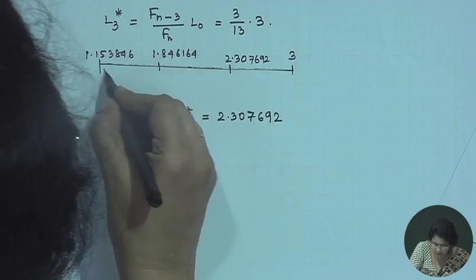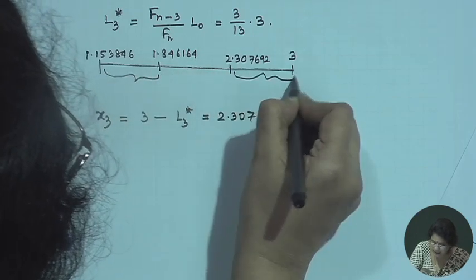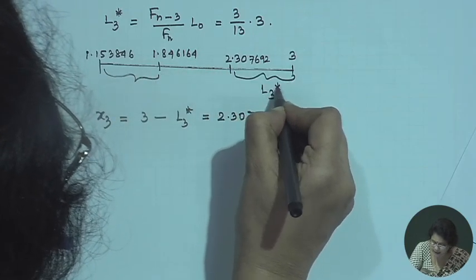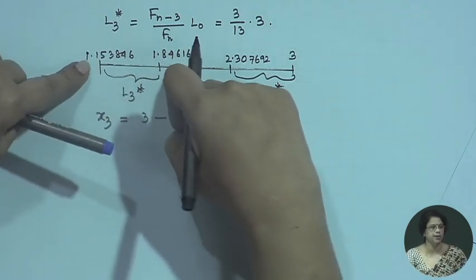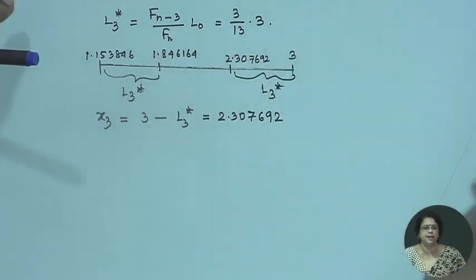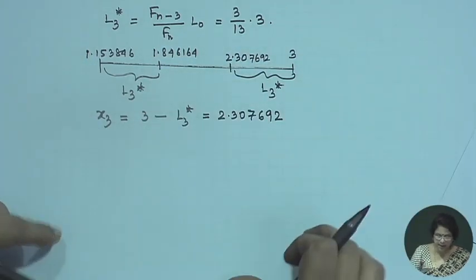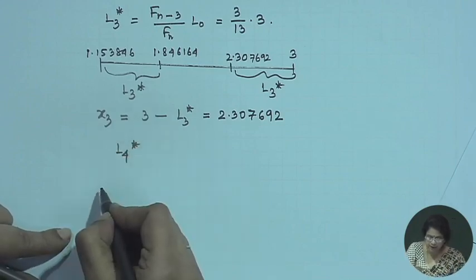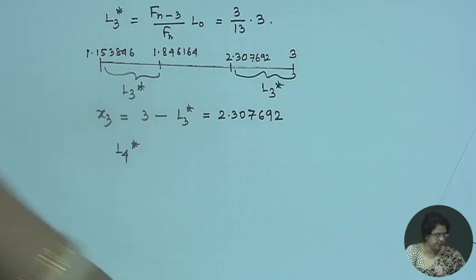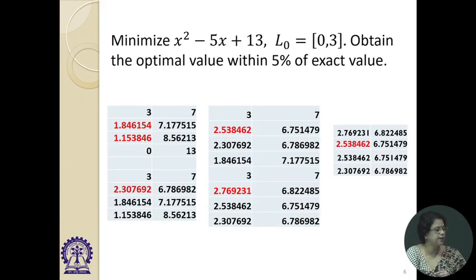You will see this distance and this distance will always be L3 star. I need not calculate this one at all, but it will always come as L3 star. Alright. Again I will do the next iteration, L4 star. Again I will find out. Now let us find out the values. I will show you all the values together.